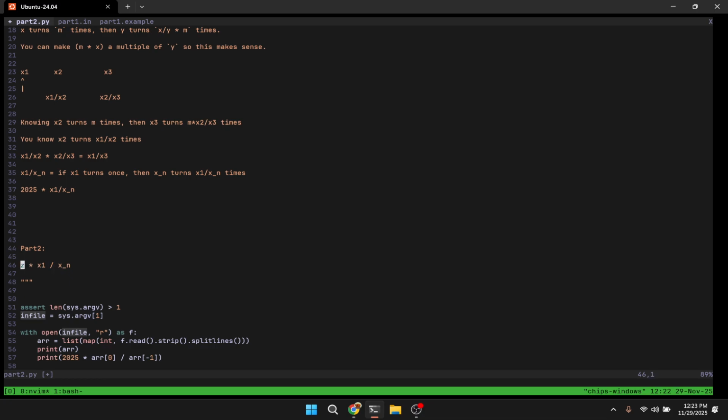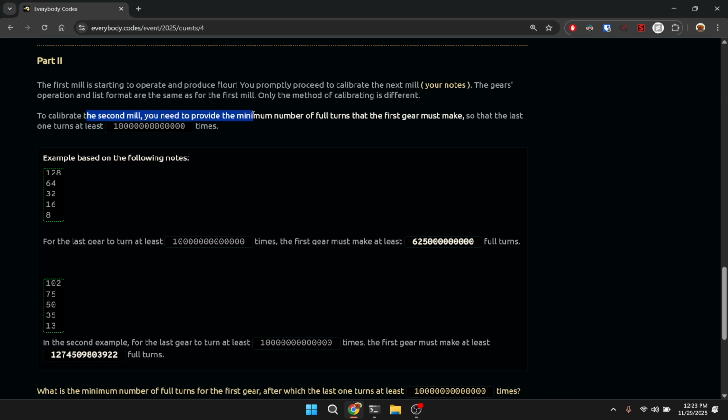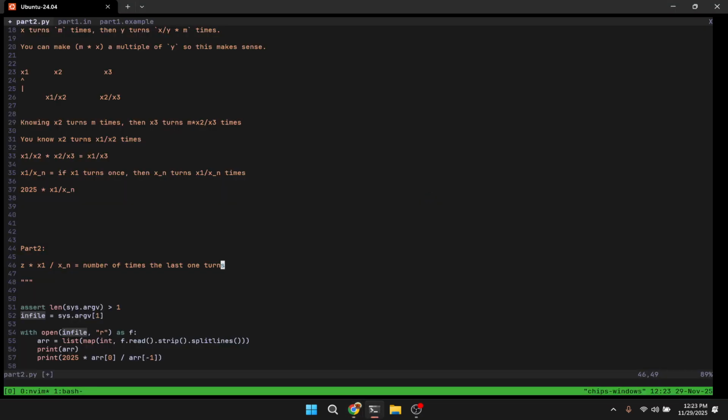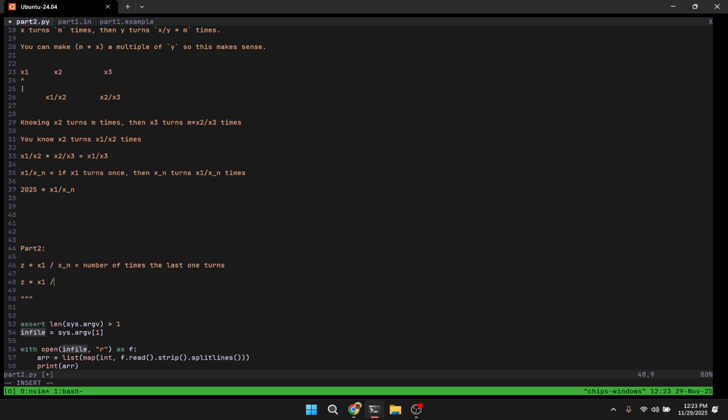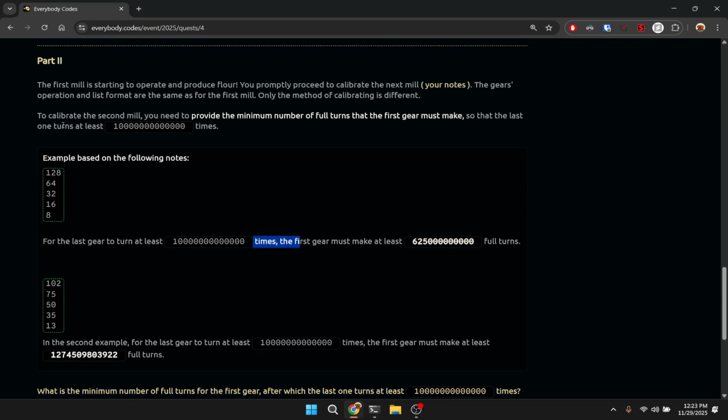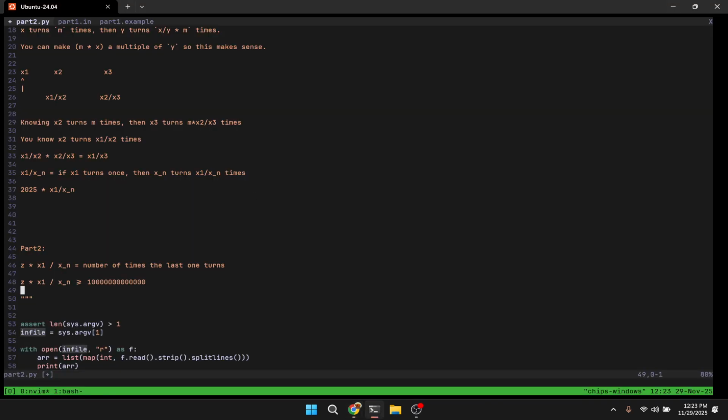So this is, you turn x1 z times, so this gives you the number of times the last one turns, and you want to make sure that you take this equation and find z such that it's bigger than or equal to that, I guess. Turns at least that many times, right?